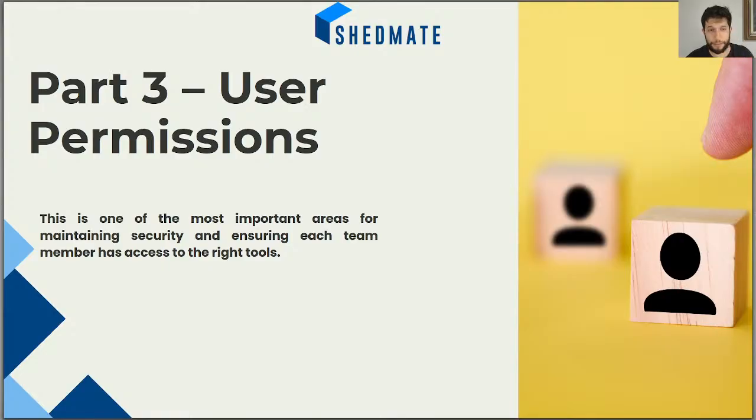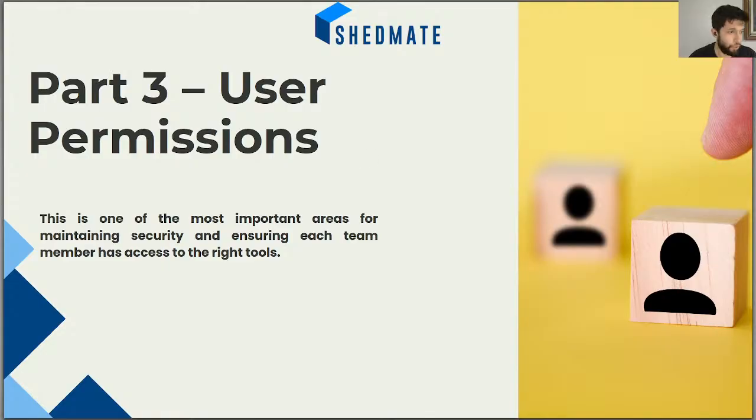is something that Shedmate created to restrict some options, some access, for some specific clients. So how do we do this? When I invited myself to the company, I set this as a regular user, and now we will restrict some options for the user that I just invited.